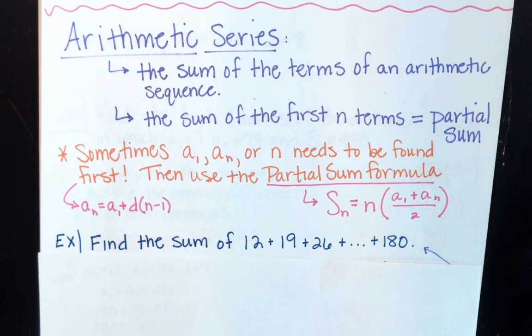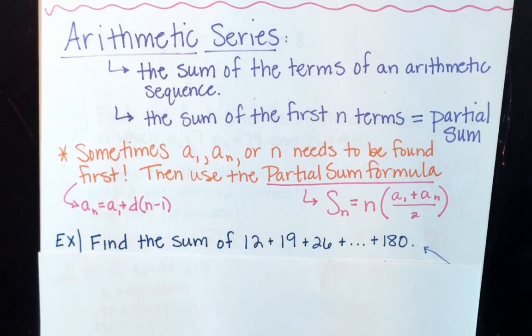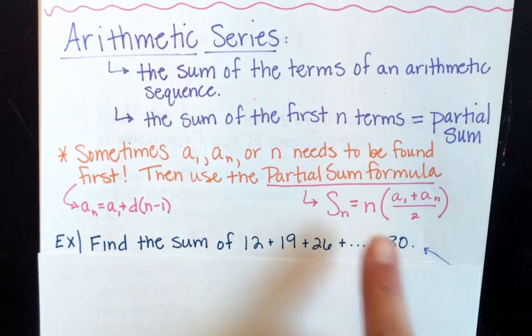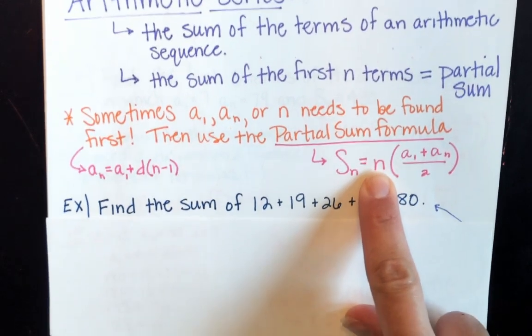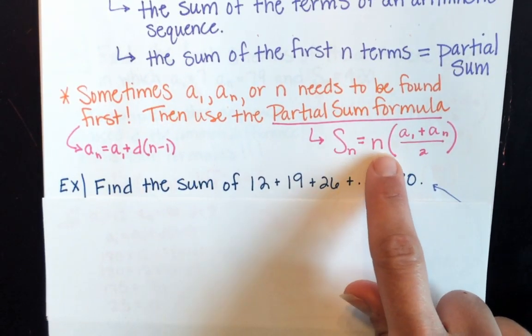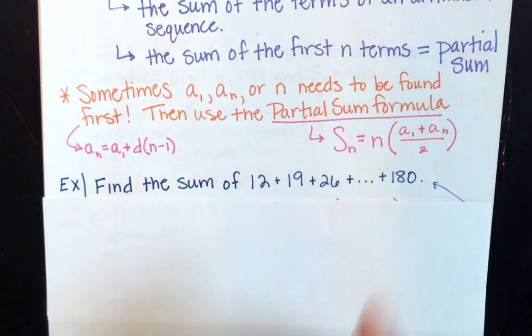So just a really quick example where we would need to find the sum of all of those. Problem is, I don't know how big that set is. I don't know how many total terms there are. So the first thing I'm going to have to do is find n, because if I don't have n, I can't use this sum formula.